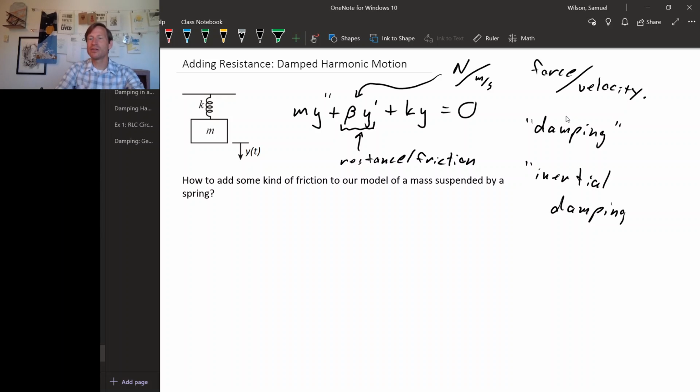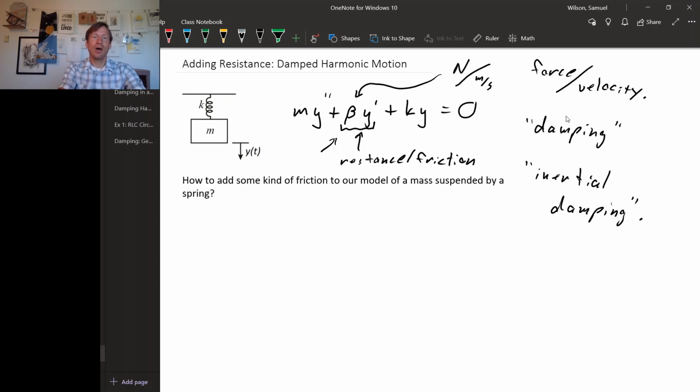Depending on how you model the resistance in your system, you might not end up with a term exactly like this, but certain kinds of resistance are nicely described by just a constant times y prime. So that's for our mass and spring picture. If we want to add some sort of inertial damping, we can just add a term that's proportional to y prime.